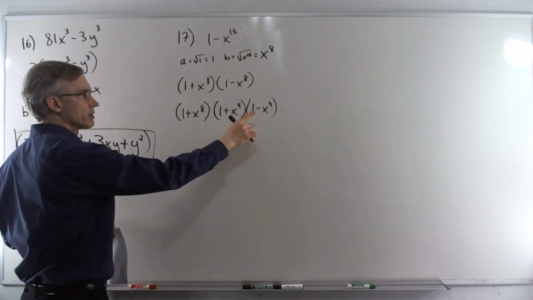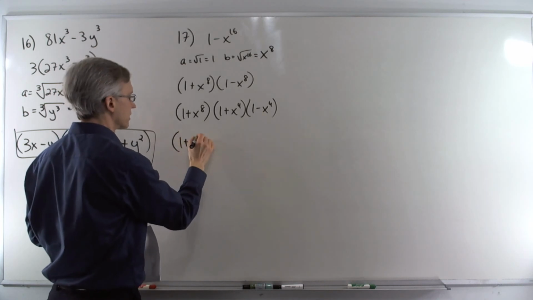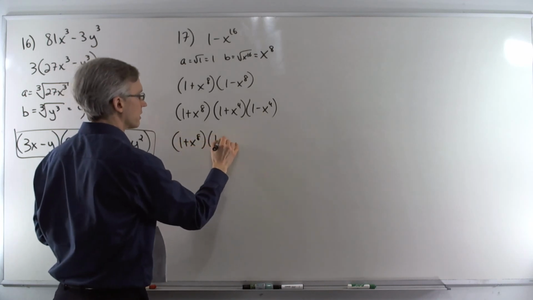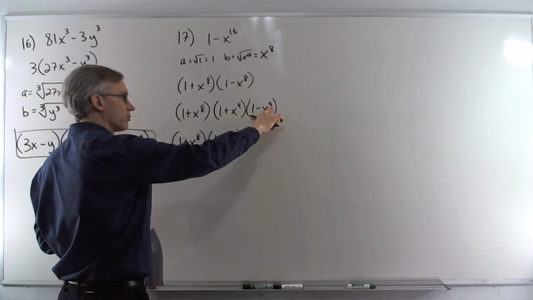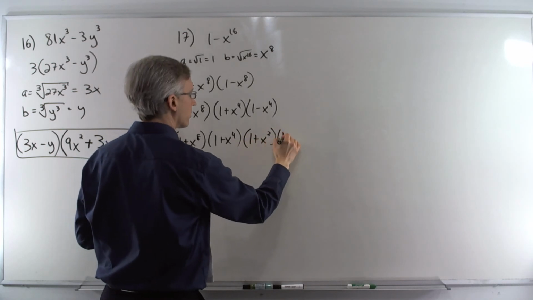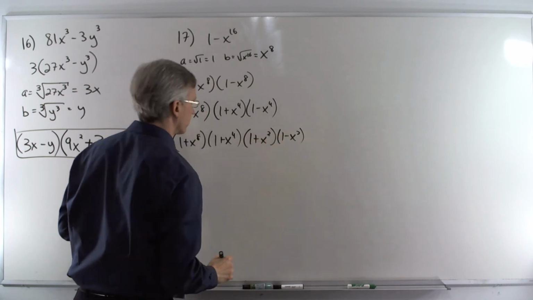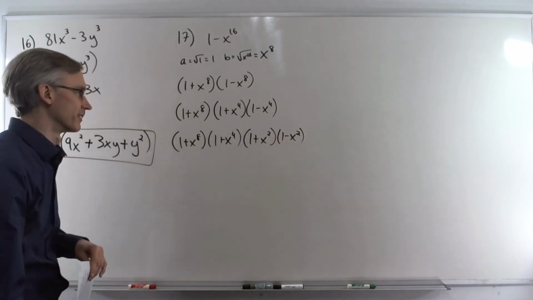Can't factor either of those, but now we have another difference of squares here. So 1 plus x to the 8th times 1 plus x to the 4th. And divide that by 2, we're going to get x squared now. So 1 plus x squared, 1 minus x squared. Now we got one more difference of squares there.